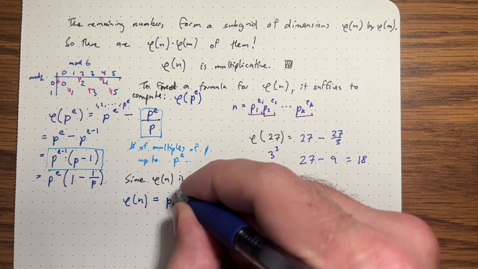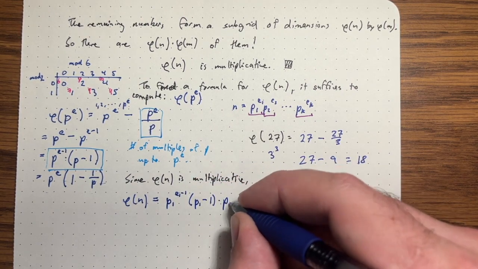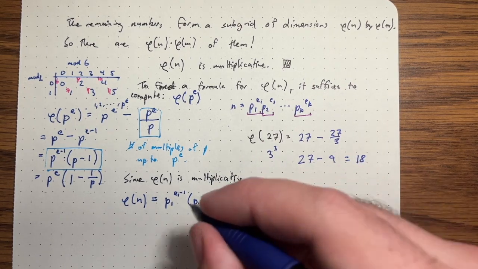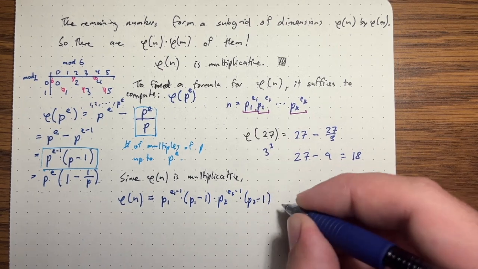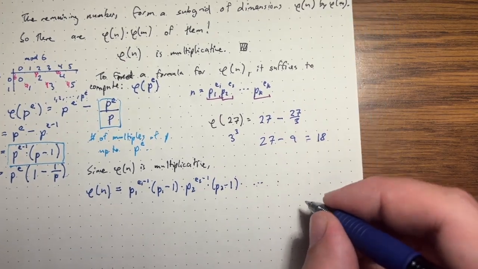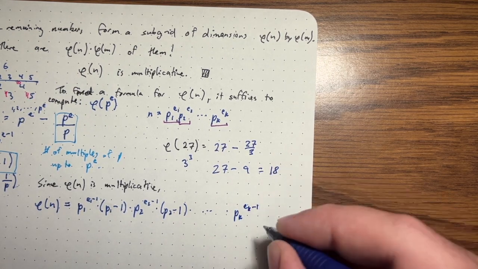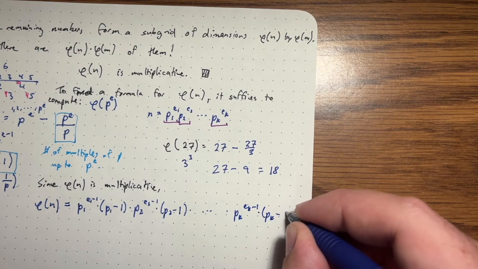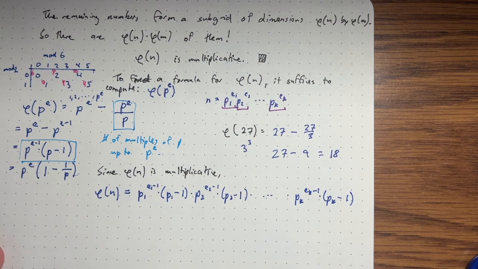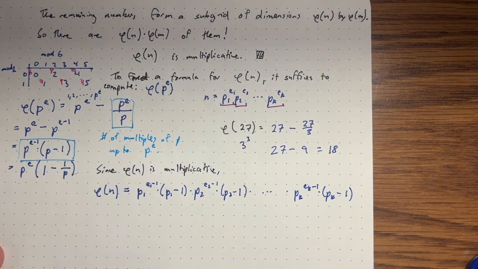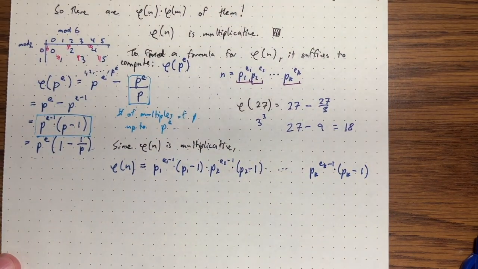So it's p1 to the e1 minus 1 times p1 minus 1 times p2 to the e2 minus 1 times p2 minus 1 times, etc., all the way up to a final factor pk to the ek minus 1 times pk minus 1. And that's how you compute phi of n. This is one way to compute phi of n.